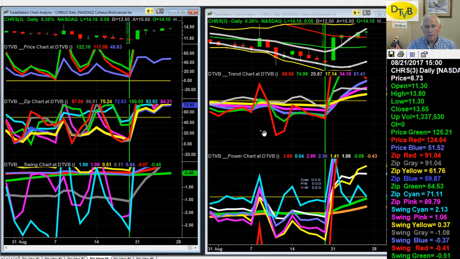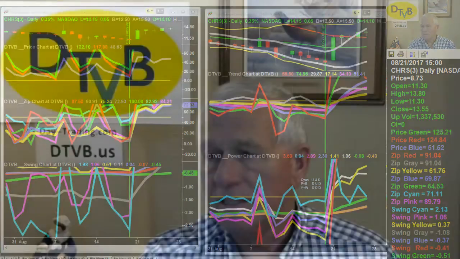And just think about what's happening. Zip red is just jumping up super fast, telling us that there's a price movement going on, or that will go on.